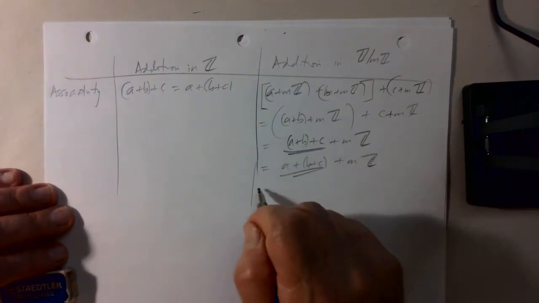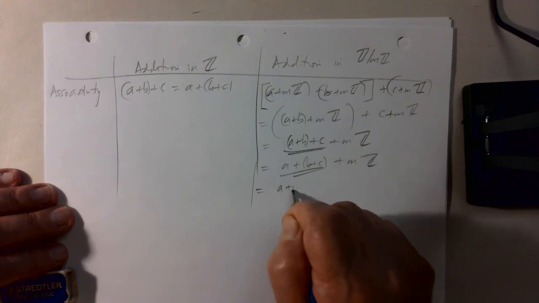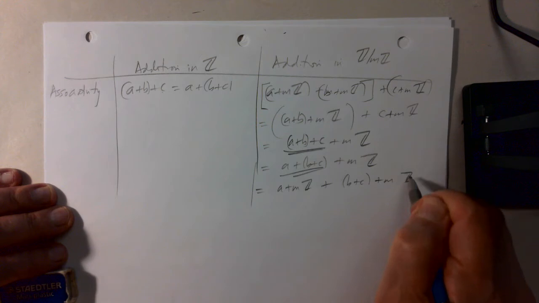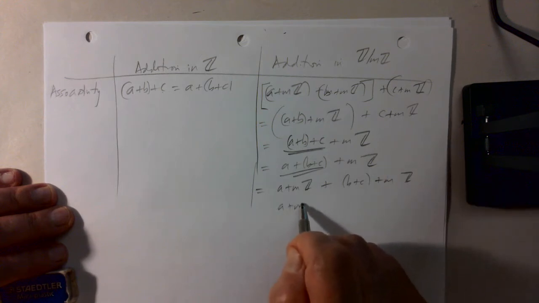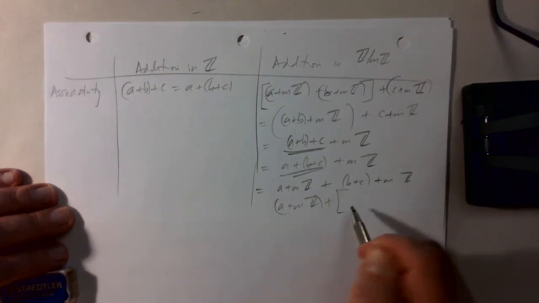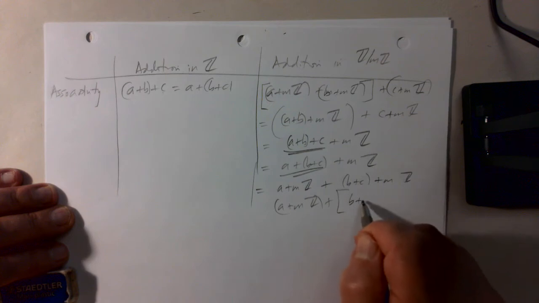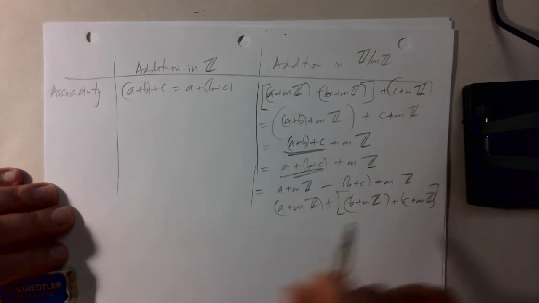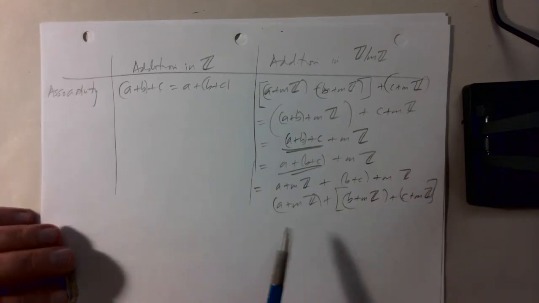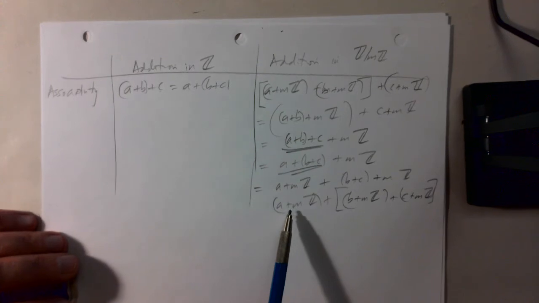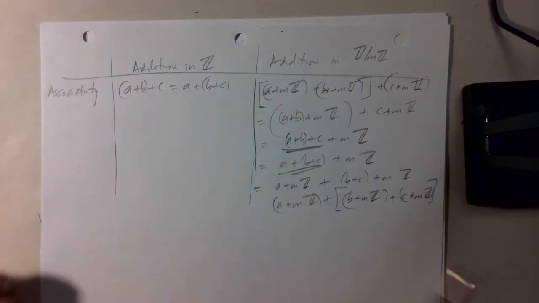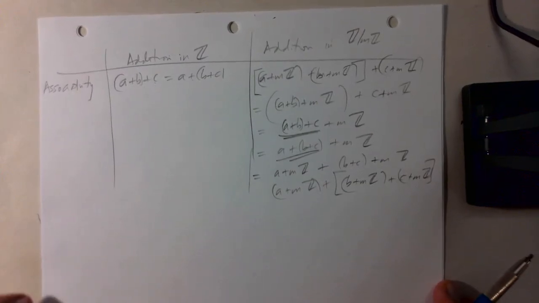And if you unwrap this, you get a plus mZ plus (b plus c plus mZ), which is a plus mZ plus the sum of the congruence classes b plus mZ plus c plus mZ. And this is the associative law for addition of congruence classes. So addition of the integers is associative, so is addition of congruence classes.